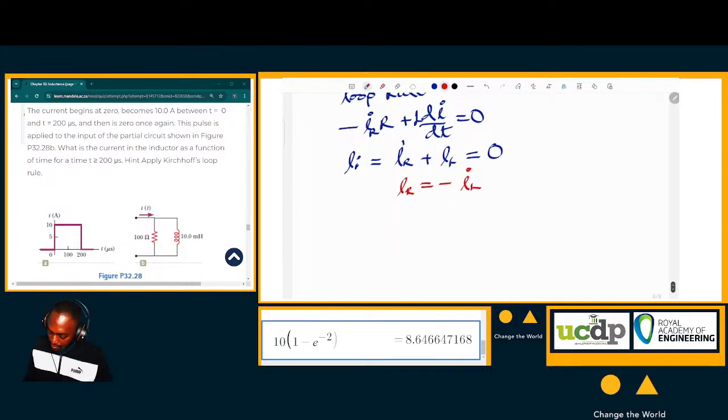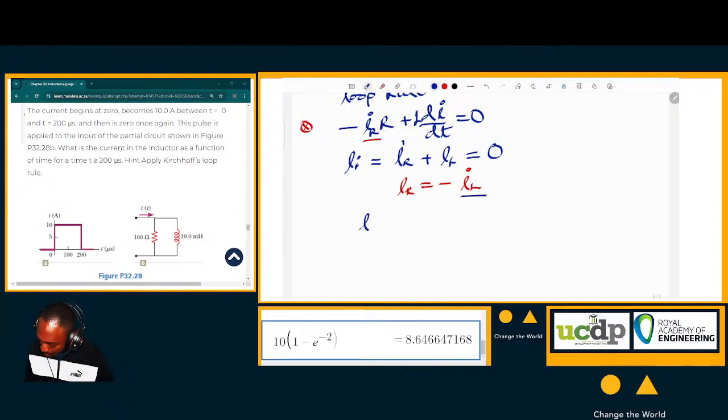And considering this equation, we can substitute again for IR and we put negative IL in this case. So our equation becomes positive at that point.